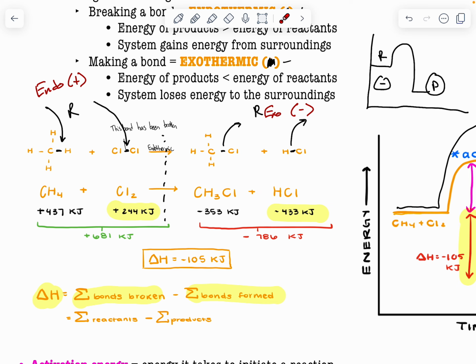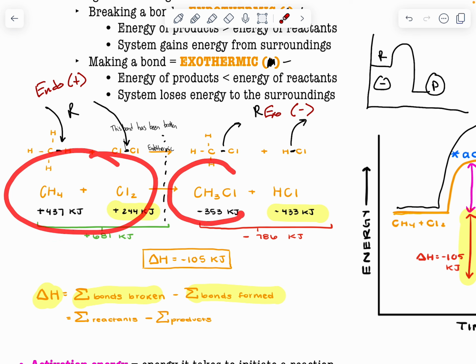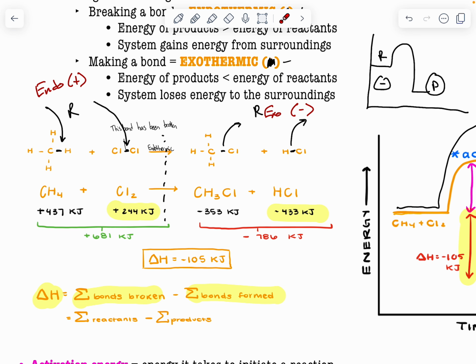So since we're creating new bonds and creating new molecules, we know that that is an exothermic reaction, because we're taking these once free-floating particles that we released over here and lowering their energy and making them into a more stable form by attaching them onto this other molecule. So that will be considered an exothermic reaction, because our products are a much more stable and lower energy form compared to our reactants.